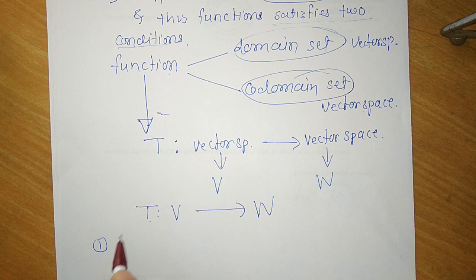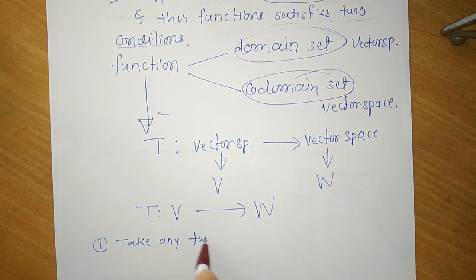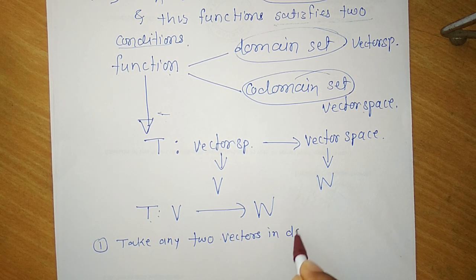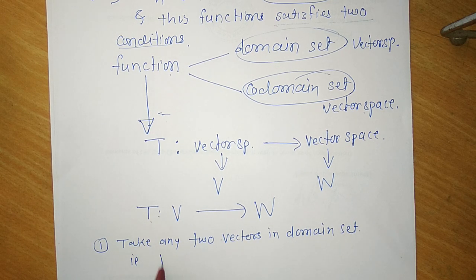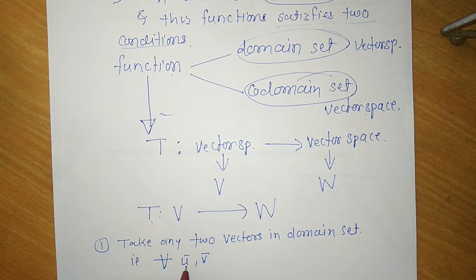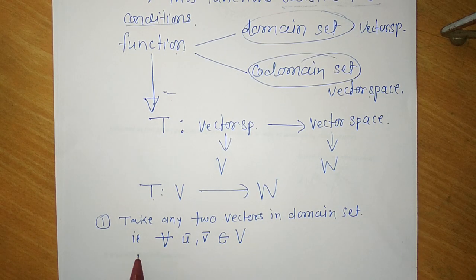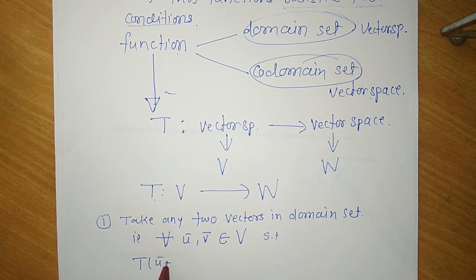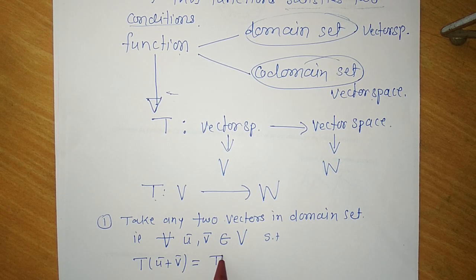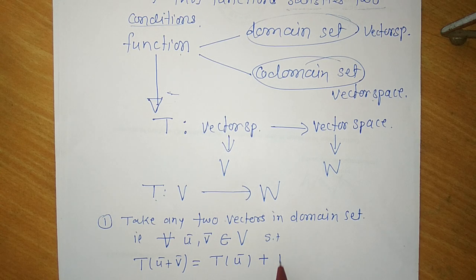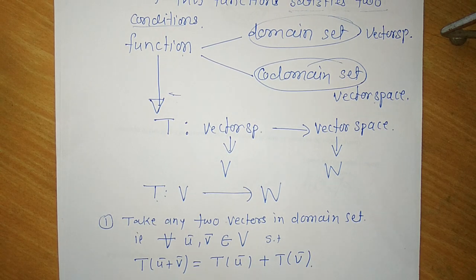The first condition is: take any two vectors u bar and v bar in the domain set V, such that T of u bar plus v bar is equal to T of u bar plus T of v bar. This is the first condition.